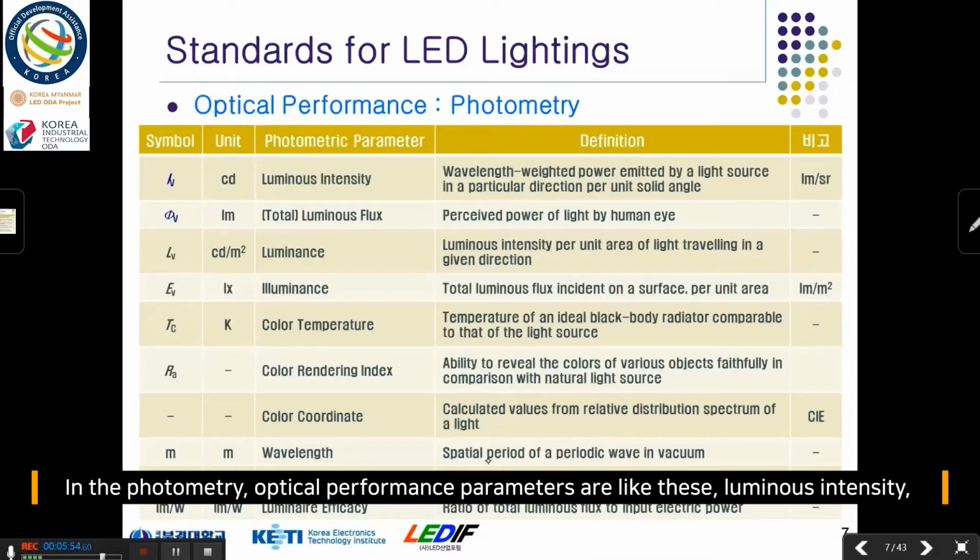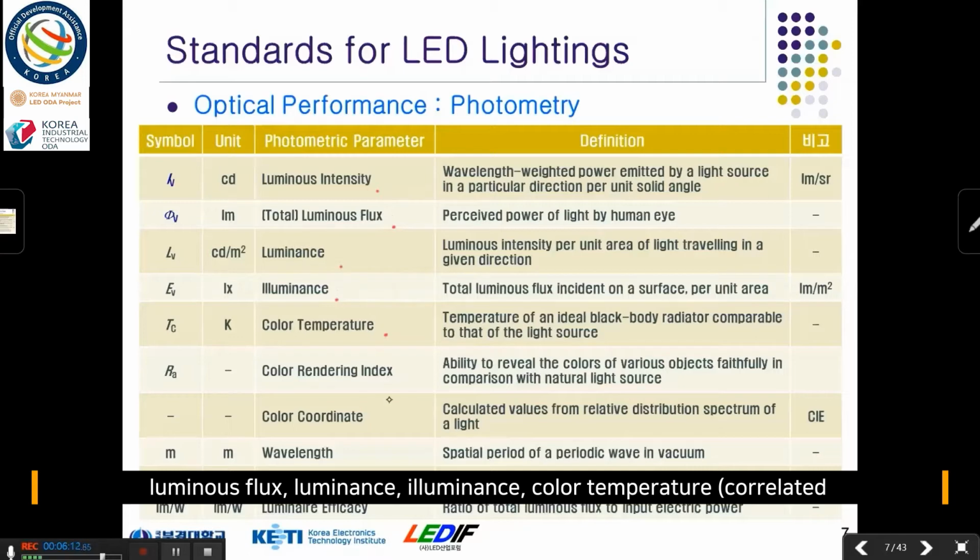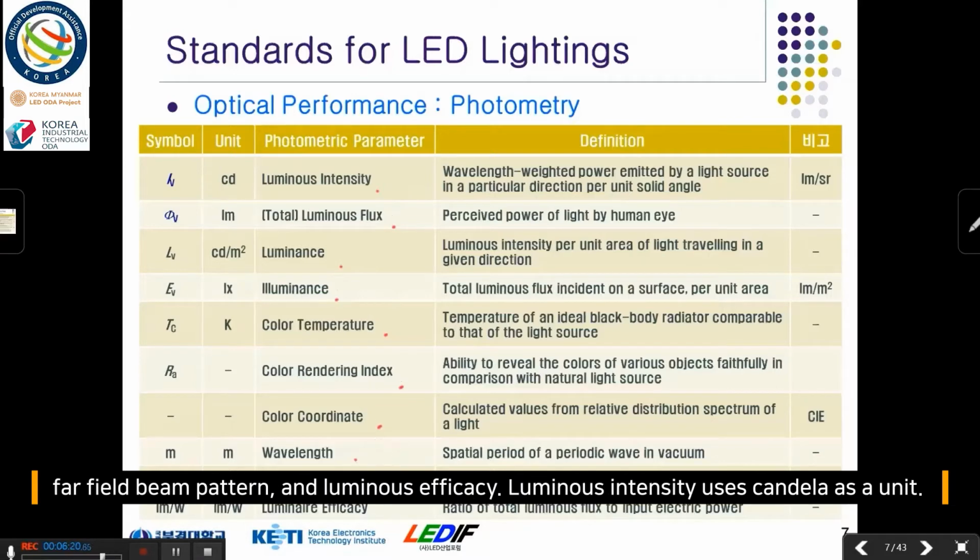In photometry, optical performance parameters are like this: luminous intensity, luminous flux, luminance, illuminance, color temperature, correlated color temperature, color rendering index, color coordinates, wavelengths, far-field beam distribution, and luminous efficacy.